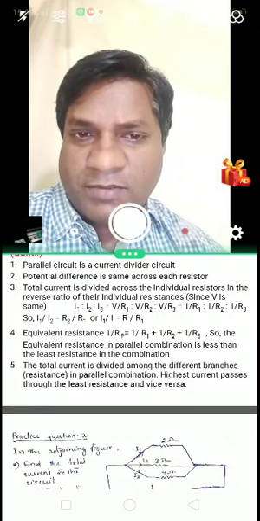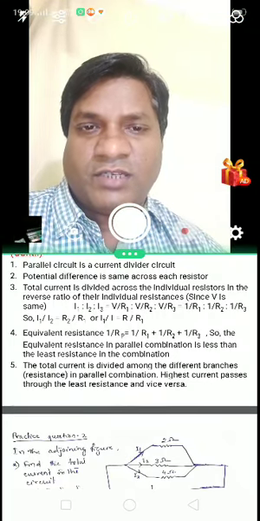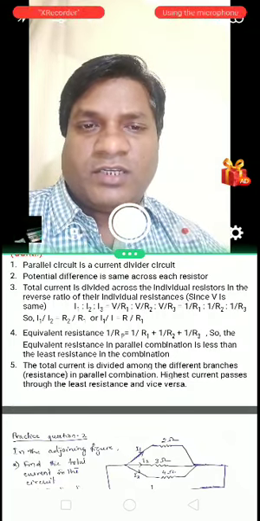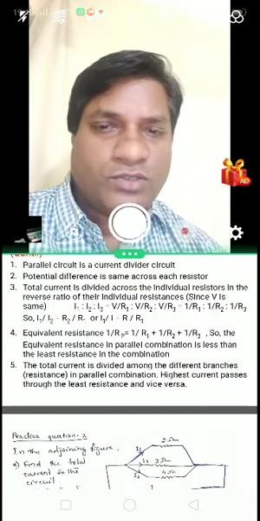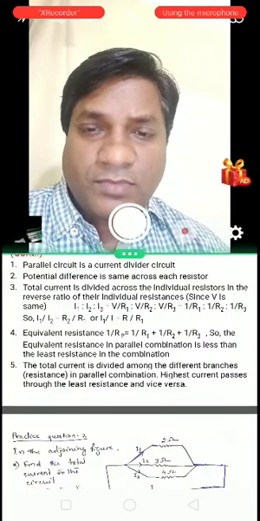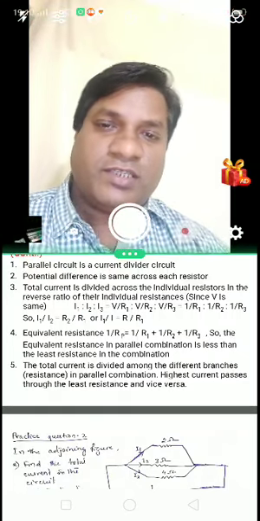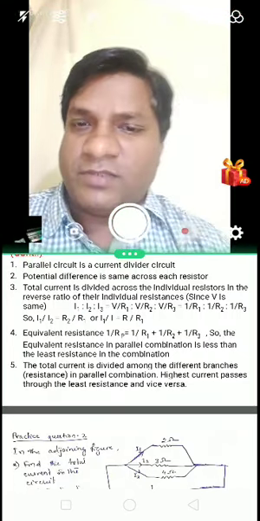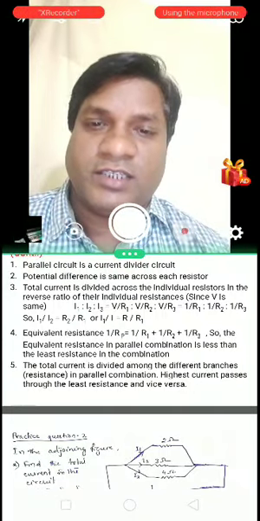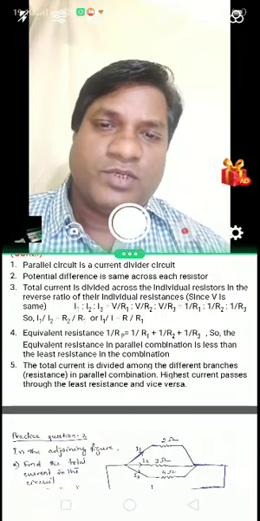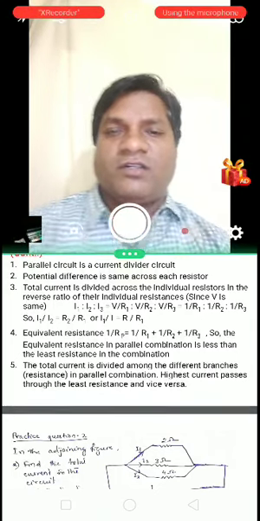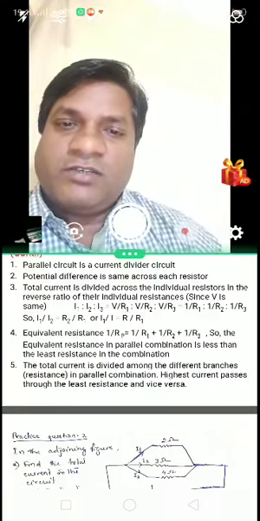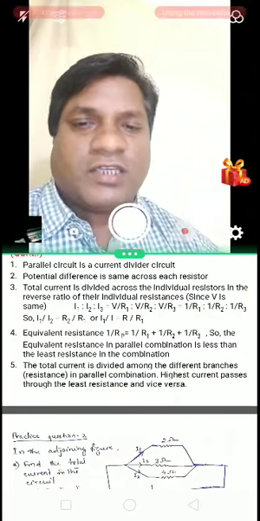So cancel V from the ratio, then it's equal to 1 by R1 is to 1 upon R2 is to 1 upon R3. So that means the ratio of current flowing through the first resistor to that through the second resistor is equal to second resistance by first resistance. That means the current is divided in the reverse ratio of the resistances.